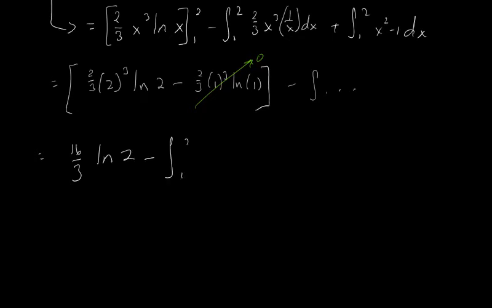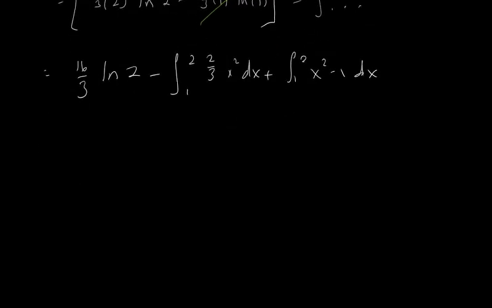minus the integral from 1 to 2 of 2/3. Now we get a little simplification here. x cubed divided by x is x squared, and that's valid because 0 is not part of our bounds of integration. So this is going to be x squared dx plus the integral from 1 to 2 of x squared minus 1 dx. So let's go ahead and evaluate these two integrals.